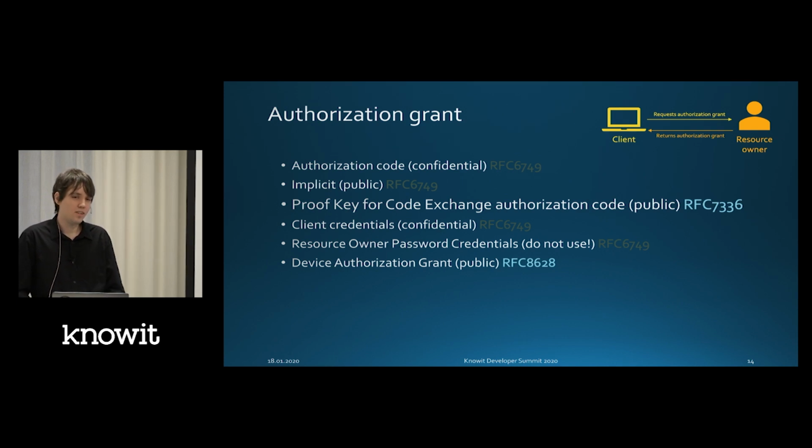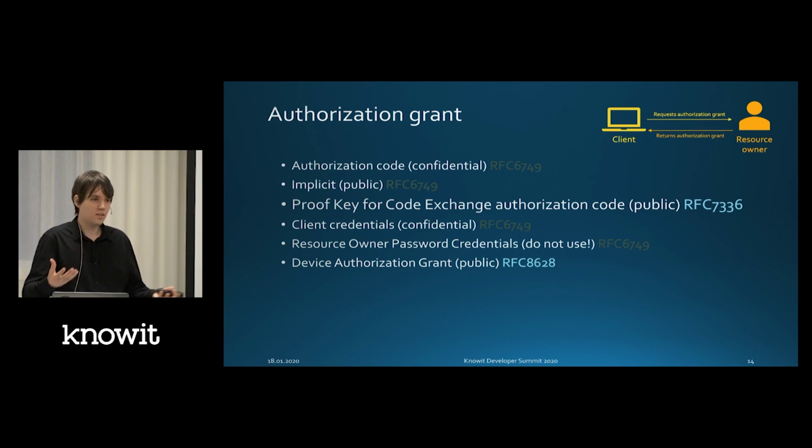But the whole point is that you're only doing it once, and then they get an access token and use that instead of asking you for the password or storing your password. But yeah, you shouldn't really use it. Usually, you can use any of the other flows. So don't use that one. I'm just mentioning it for completeness. And if you're doing Internet of Things kind of things, there is a specification for that too.